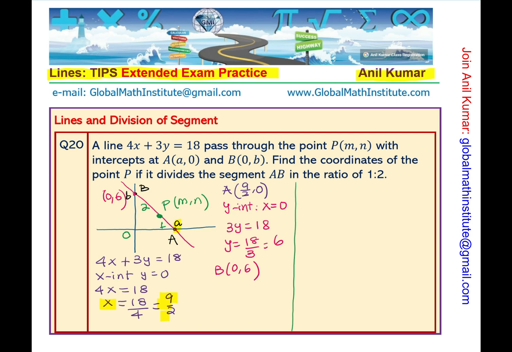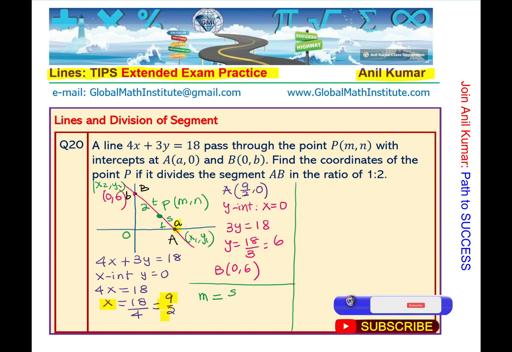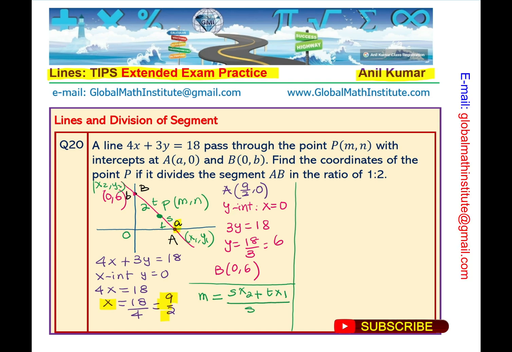Where if a point P divides a line segment AB in the ratio of s is to t, then the x coordinate of P, which is m, will be given as s times x2 plus t times x1 over s plus t.